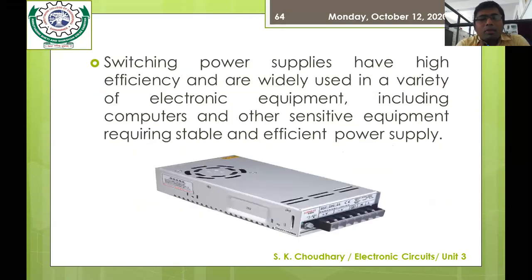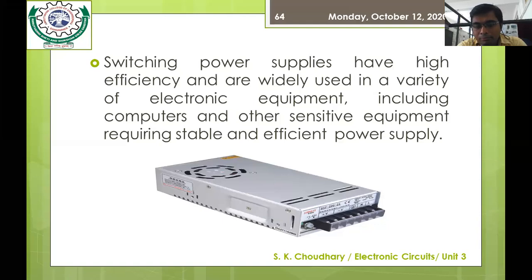Switching power supplies have high efficiency and are widely used in a variety of electronic equipment, including computers and other sensitive equipment that require stable and efficient power supply. On the screen, you can see a photograph of an SMPS that is used in the CPU.